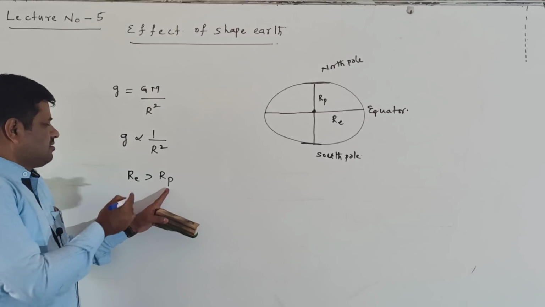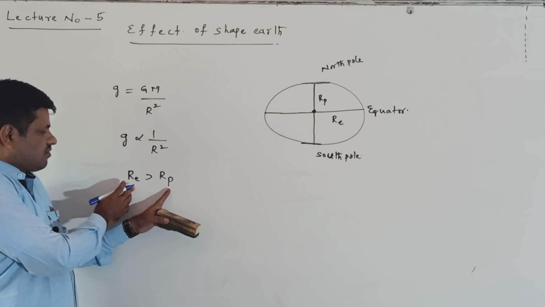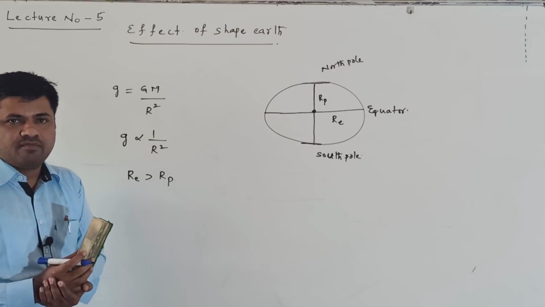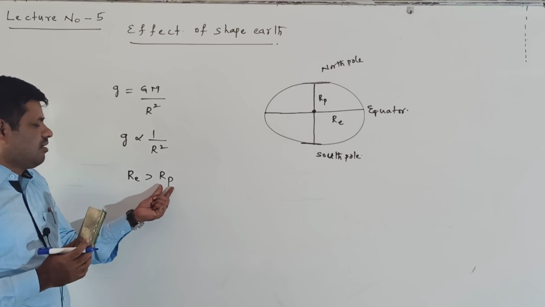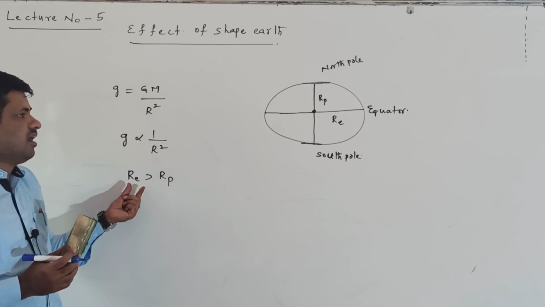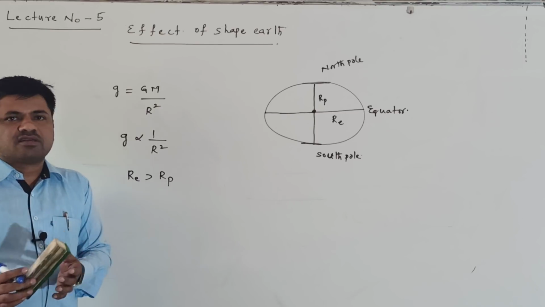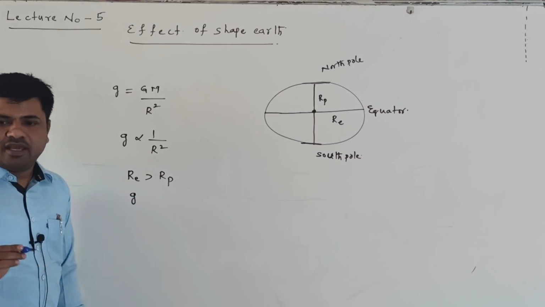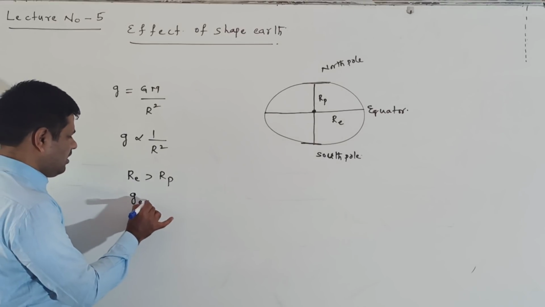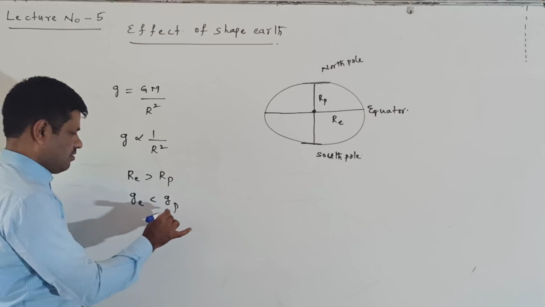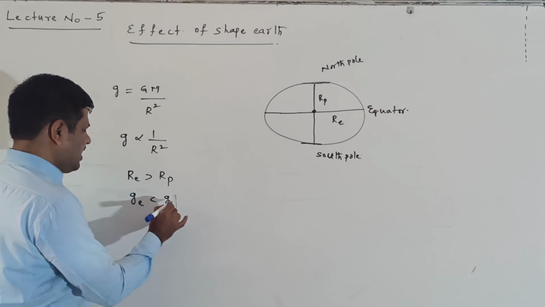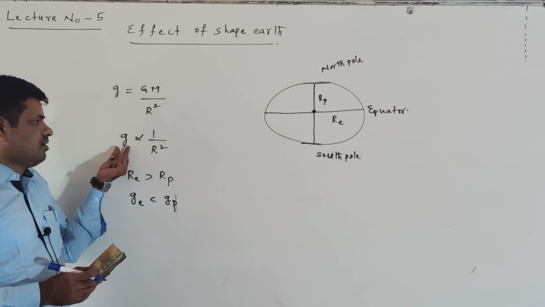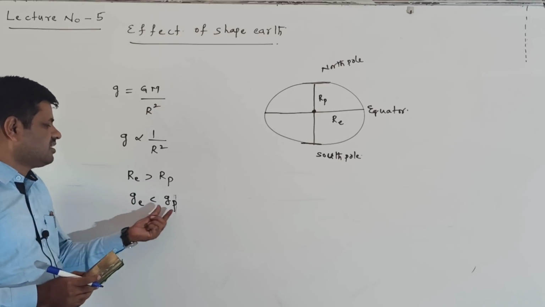These two are inversely proportional, so we write GE less than GP, because g and R are inversely proportional. When this is larger, this is smaller; when this is smaller, this is larger. That's the reason GE less than GP.